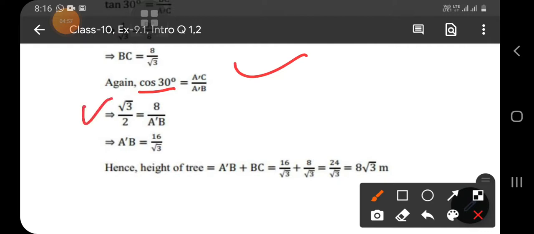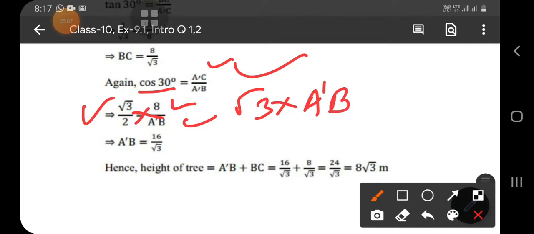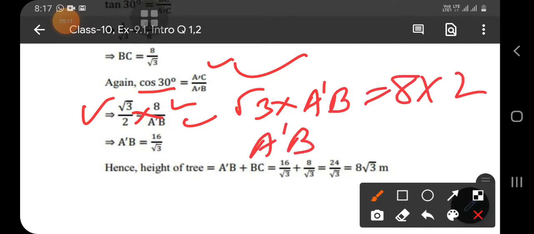The value of cos 30 is root 3 by 2, A dash C is 8, and A dash B we don't know, we have to find it. Cross multiplying, we get root 3 into A dash B equal to 8 into 2. So A dash B is equal to 16 by root 3.